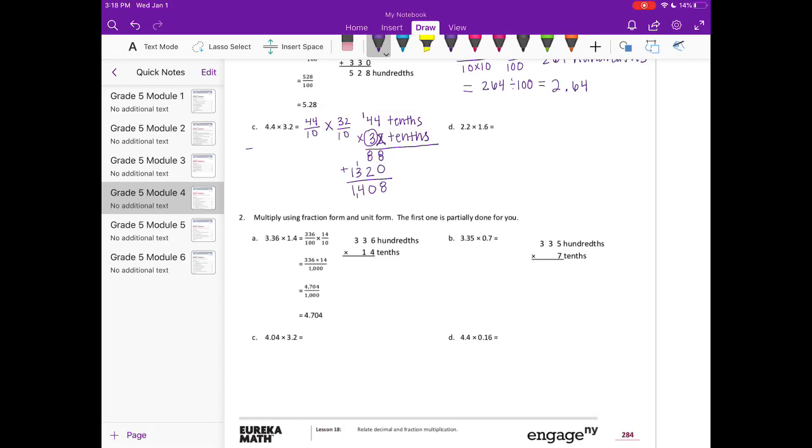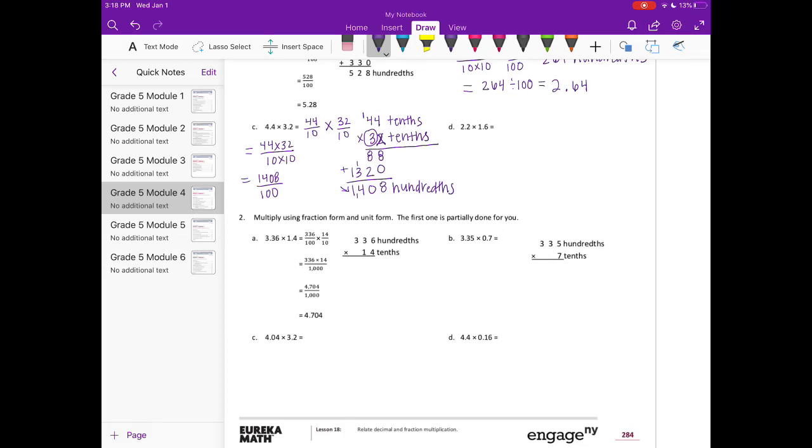And so we have, continuing with our fraction form, 44 times 32 over 10 times 10, which would be equal to 1,408, and 10 times 10 is hundredths. So we have 1,408 hundredths.